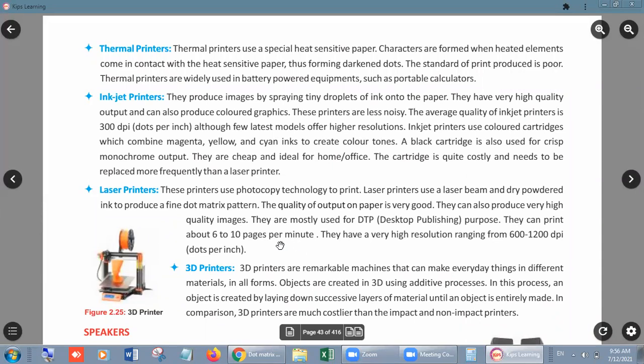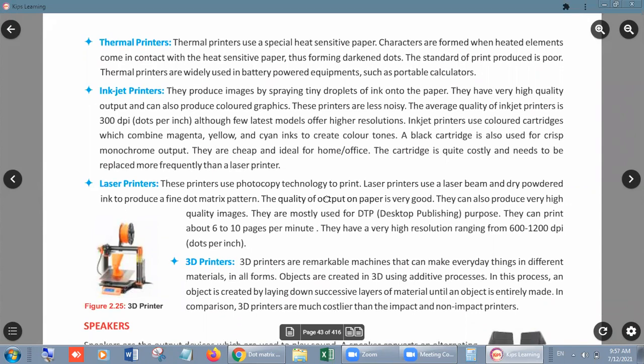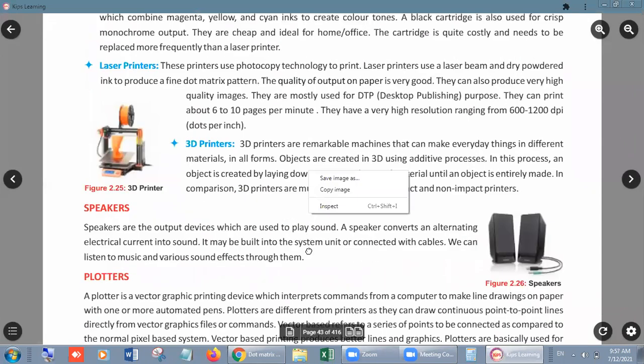You can imagine it can print 6 to 10 pages per minute. It is very high speed, right? So we are using these kinds of photostat-like machines, but they are printers, laser printers. Okay, students. In offices, you can see in our school as well, we have laser printers nowadays.